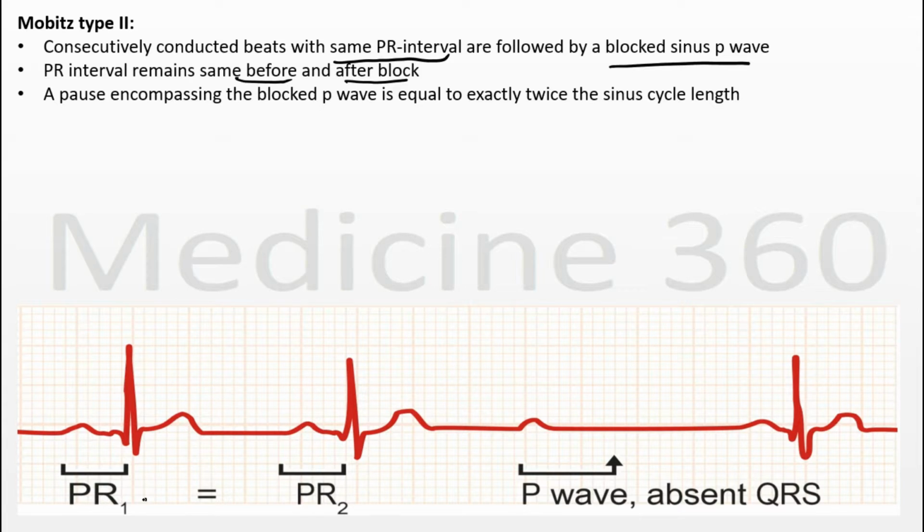Here the PR intervals are equal, then there is the blocked P wave. The pause encompassing the blocked P wave is exactly equal to the sinus cycle length. I will show you this in the next ECG.